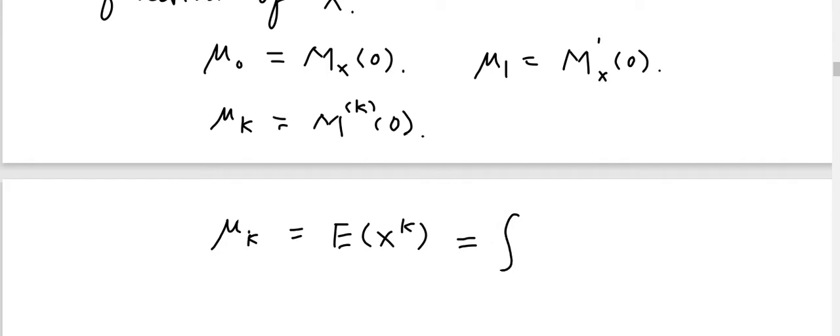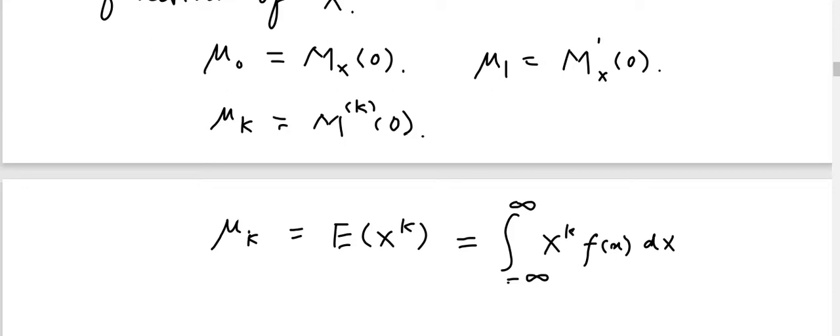According to the definition, this equals x to the k power times the probability, or in the continuous situation, the density function f(x) dx. We integrate over all x, from negative infinity to positive infinity.